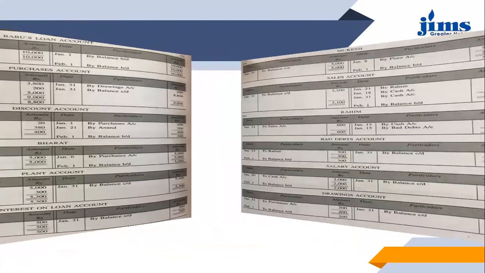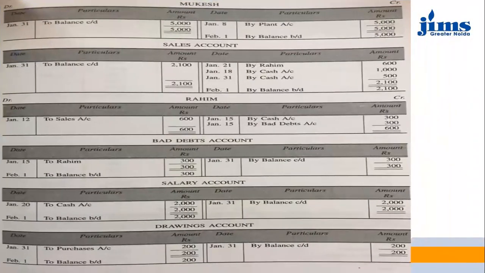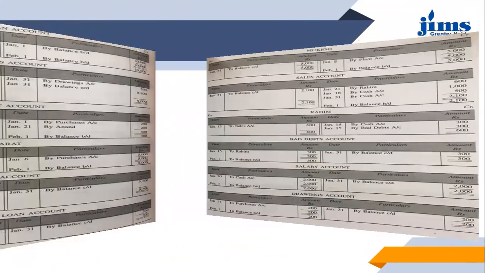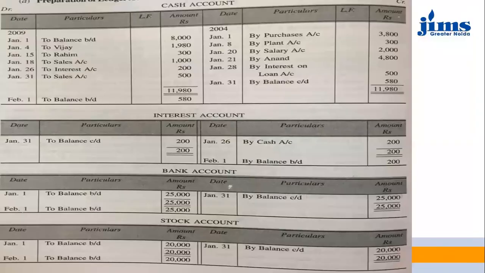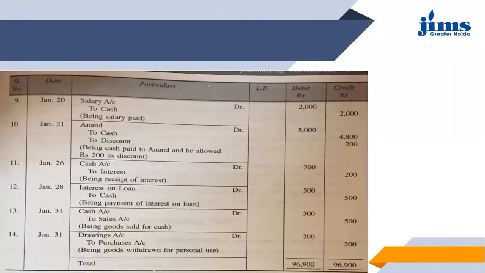And in the drawings account, at the end, you can see it is getting debited with to purchases account. So with this, we are done with the posting of all the transactions that we have recorded under the journal entries.